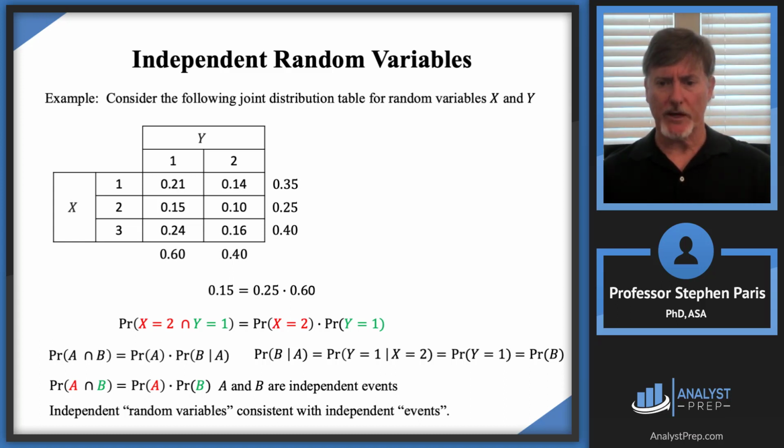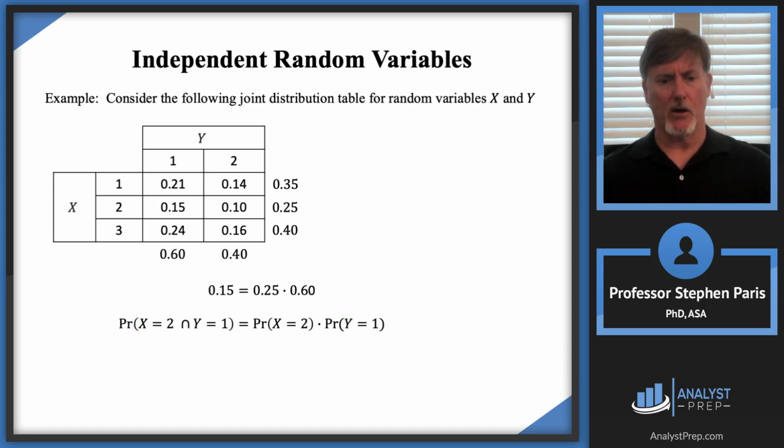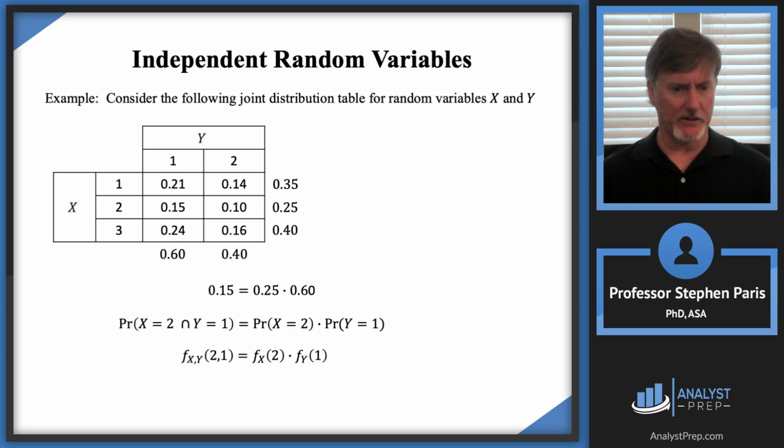Okay, finally, one other thing with respect to notation. Let me clean the slide up again. I've talked about this notation before. On the left-hand side, that probability is actually the joint density function for X and Y evaluated at 2, 1: X is 2 and Y is 1.